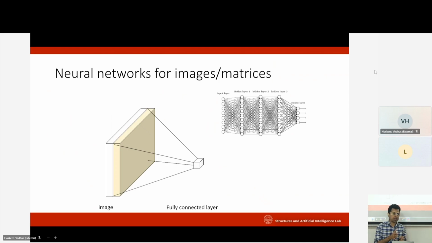And so if I take the dot product between two matrices of the same size, then my output will be what? Scalar, right? Two matrices of the same size, it'll be a scalar. So that's what a fully connected layer would do. And if you need two scalars, then you would have two of these, right?